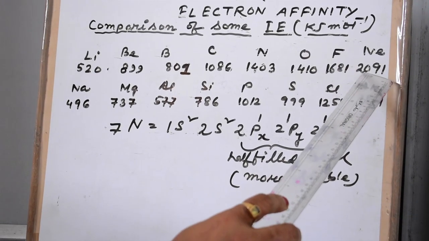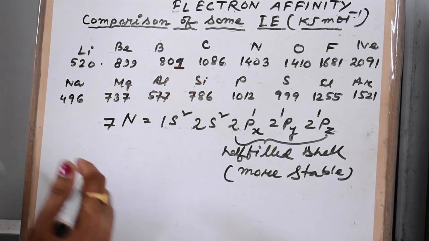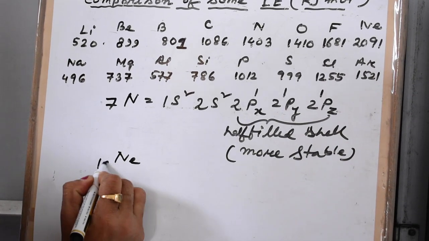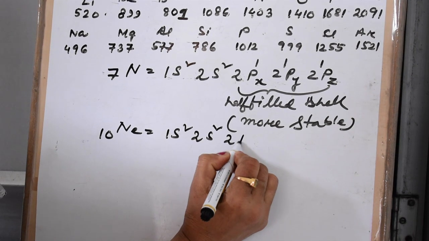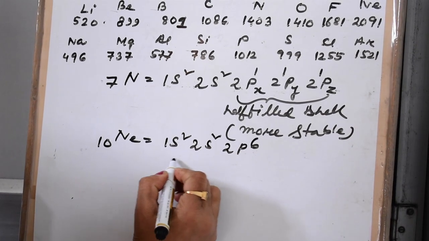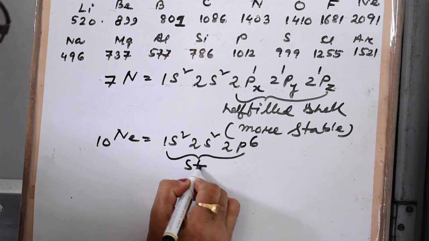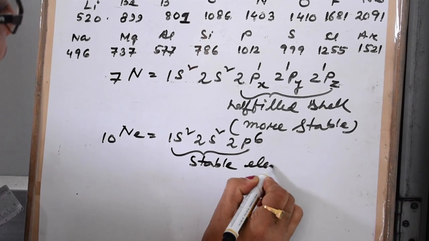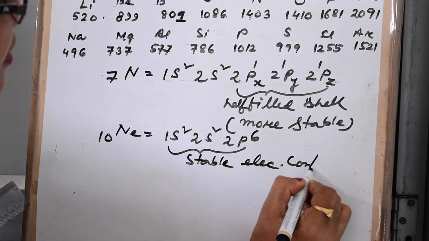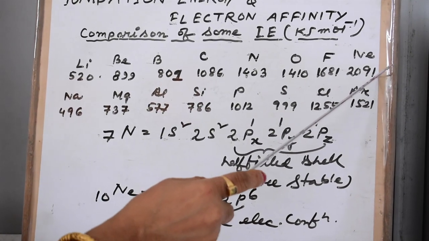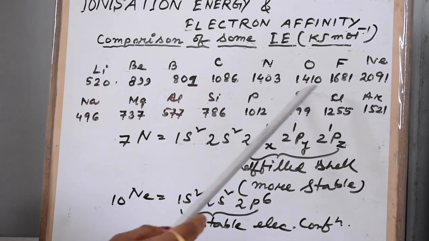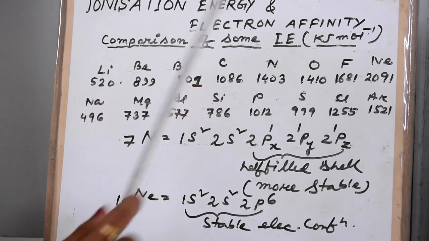In the case of neon, which has a filled shell, that means 10, 1s2, 2s2, 2p6, a stable electronic configuration, due to which it has the highest IP value in period 2.